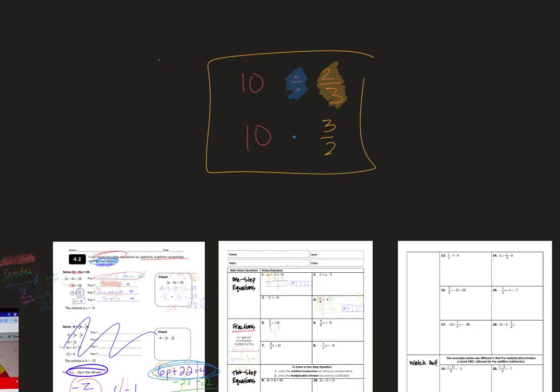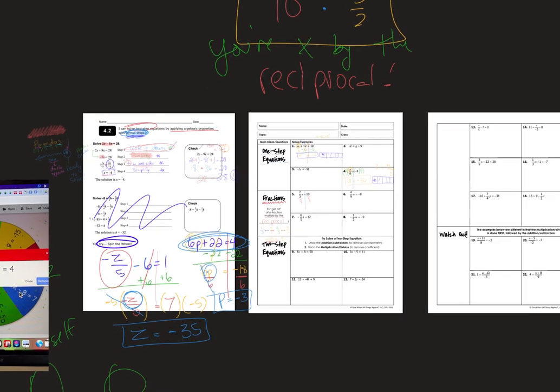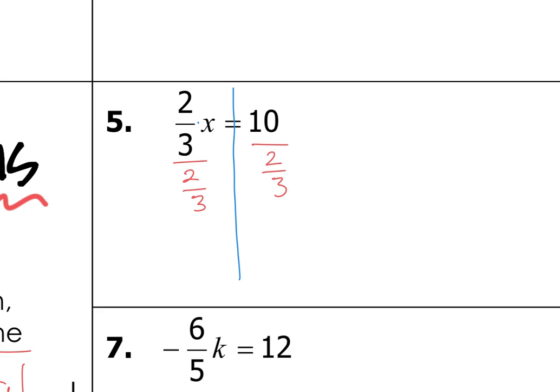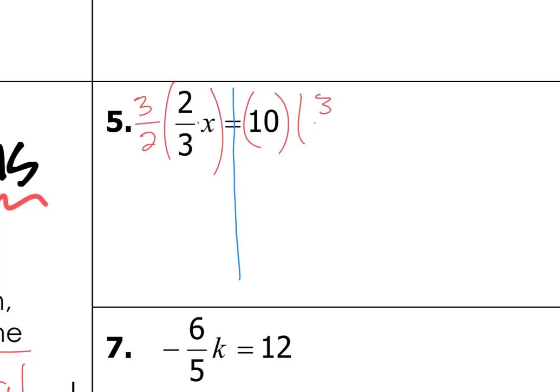Anytime you divide, you're multiplying by the reciprocal. So if you want to write divide by 2/3, be my guest. But what you will end up doing is multiplying by the reciprocal.